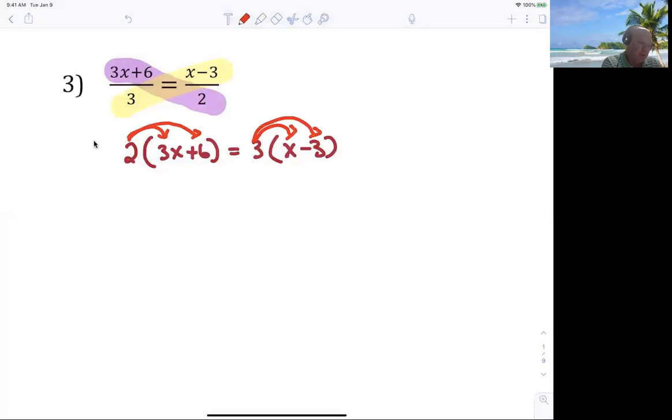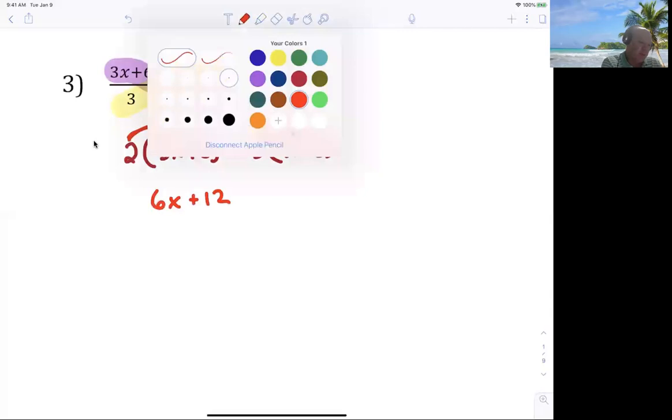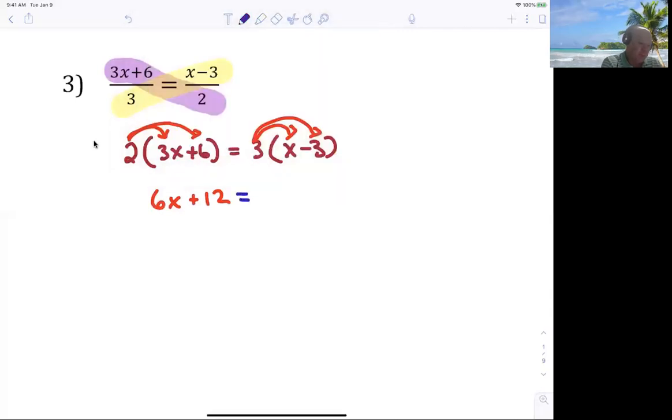So 2 times 3x, 6x. 2 times positive 6, positive 12. All right. Now when I distribute the 3, 3 times x, 3x. 3 times -3 is -9. Okay, now what we're going to do is we're going to collect the variables.